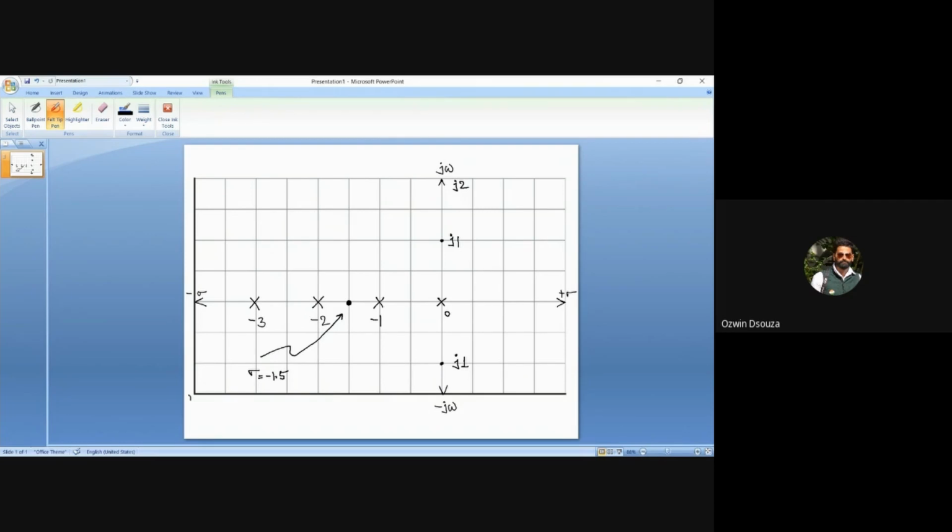So 45 degrees is basically the diagonal, right? Say this is theta 1, which is equal to 45 degrees. Sorry, I should have drawn from the same drawing. From here I should have drawn.